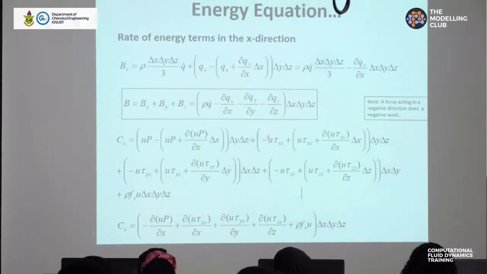Then you go to your work terms. The work terms in the x direction are all these equations. And then you have, of course, the body force work term, which will be reduced to this last equation down here.